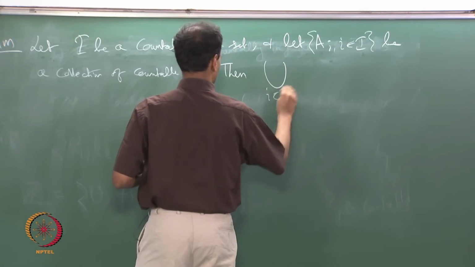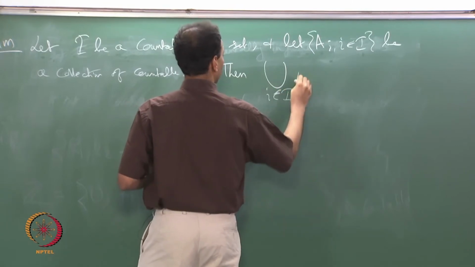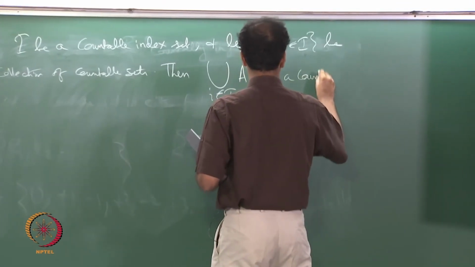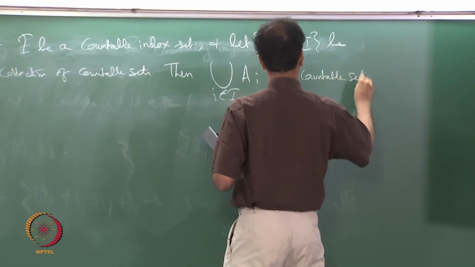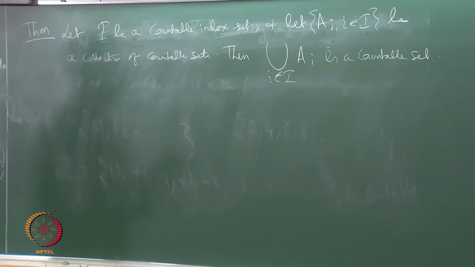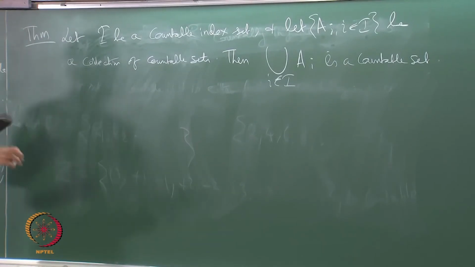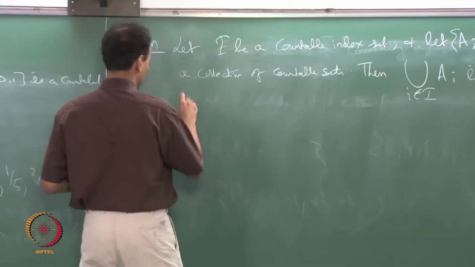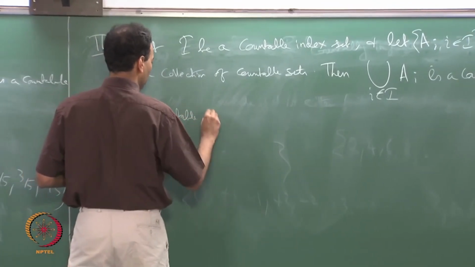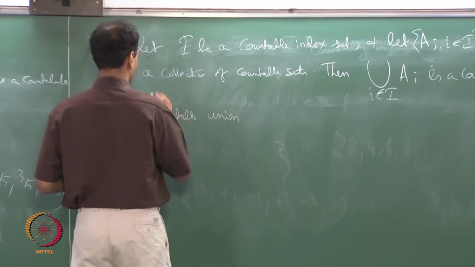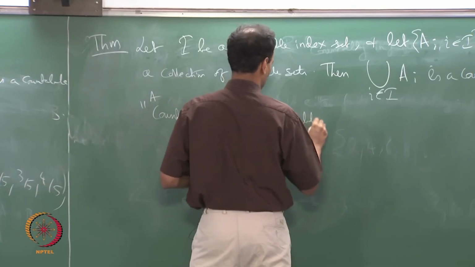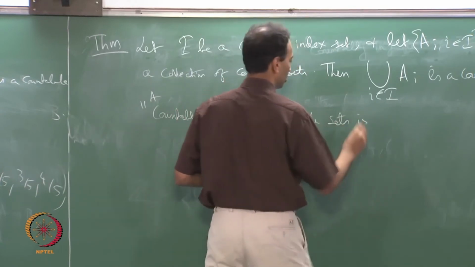the union over i belonging to I of A_i is a countable set. More glibly stated, a countable union of countable sets is countable.